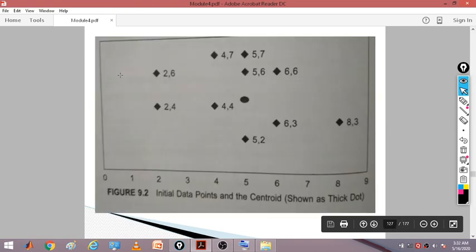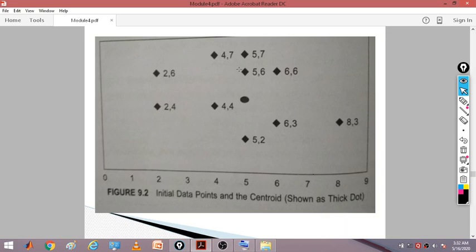You can see the points 2,4, 2,6, 4,4, 4,7, 5,7. We have plotted all of them. Initially when we take a central point, this is a centroid point. The centroid can be taken as a mean value: take all the x values and take a mean of that, take all the y values and take a mean of that.